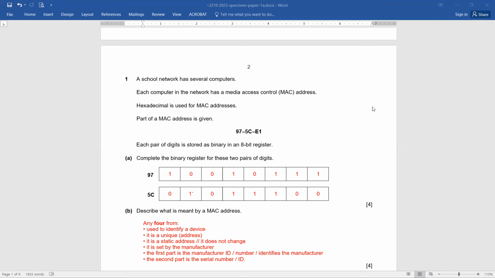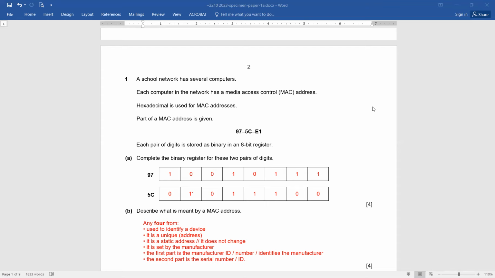Part B, describe what is meant by MAC address. It is a 4-mark question, so it means that you need to write down 4 valid points. A few of the valid points are mentioned below. It is used to identify a device. It is a unique address. It is a static address, or it does not change. It is set by the manufacturer.